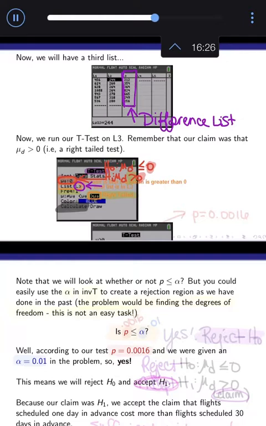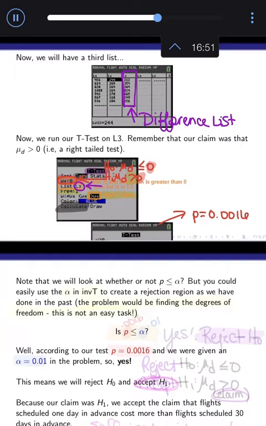And remember, just like before, it should spit out 2 pieces of information, a T and a P. Now it got cut off here, so you can't really see it, but it spit out a p-value of, if you run your test, of p equals 0.0016. So let's go ahead and use that.